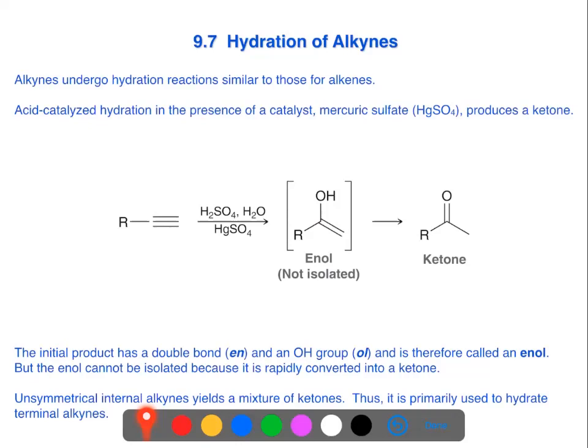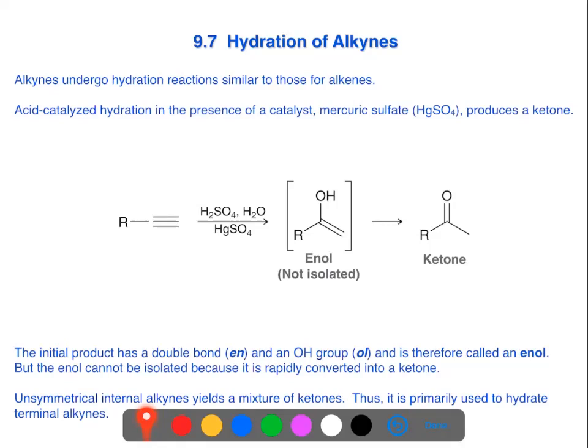So the initial product, as we said, is the enol, which comes from the fact that we have a double bond still. Only one of the pi bonds is reacting, so we still have one remaining pi bond to give you that alkenyl structure, and we have the hydroxyl group. So enol, this is where this name comes from.